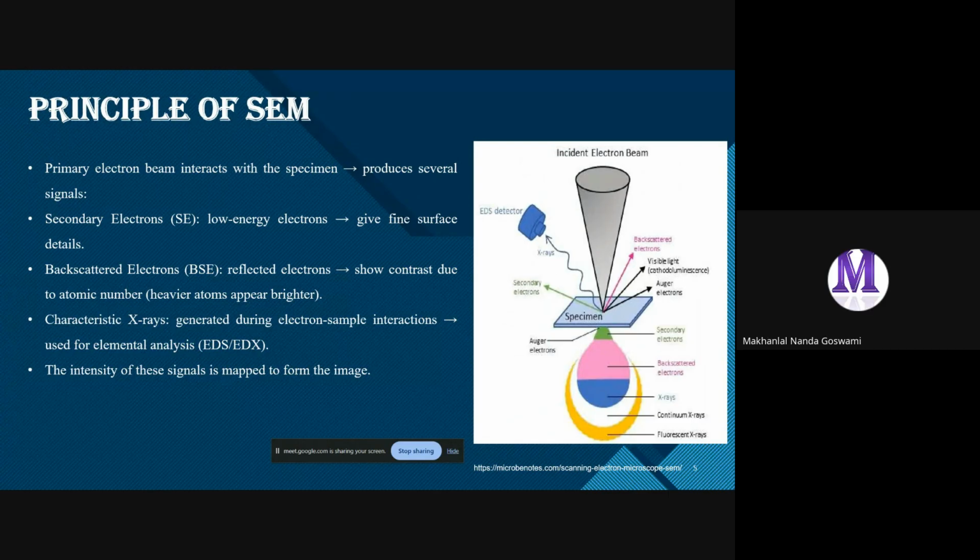The primary electrons reflected back, showing contrast with the atomic number. That is, heavy elements would appear brighter. And third would be the characteristic X-rays. These arise when inner shell electrons are displaced, allowing elemental analysis when used with energy dispersive X-ray spectroscopy, that is EDS. And with all these, the intensity of these signals is collected by the detectors and mapped into an image.